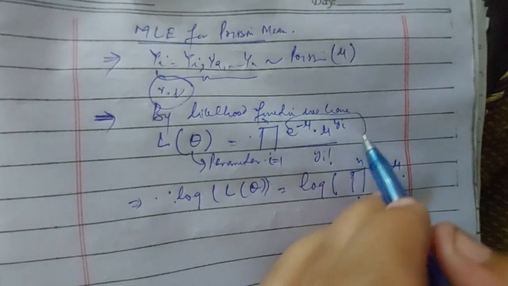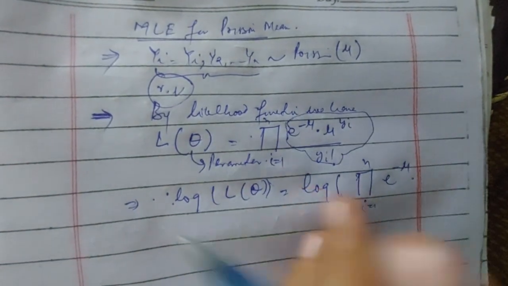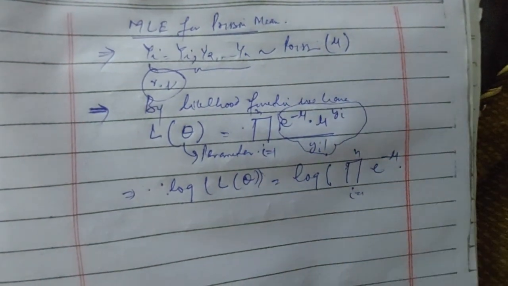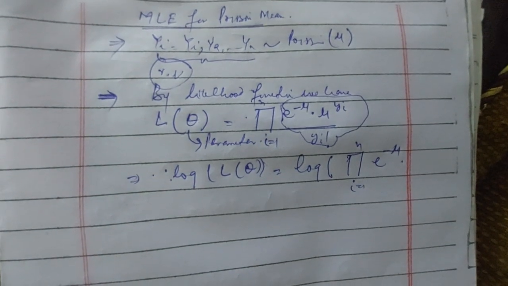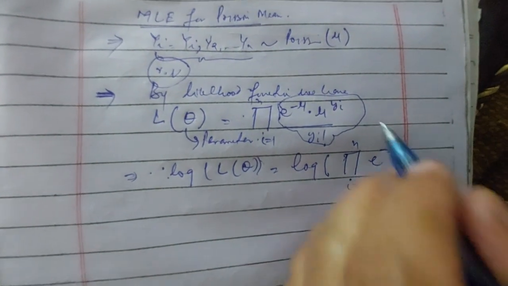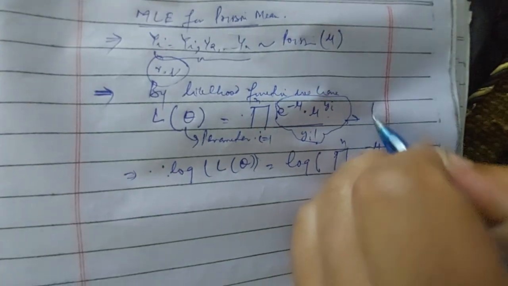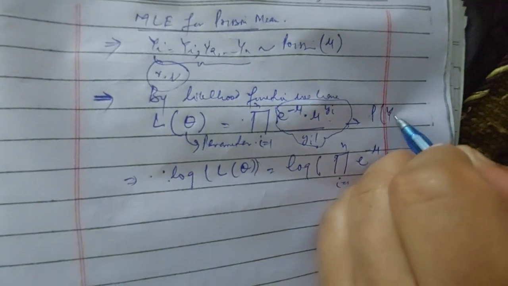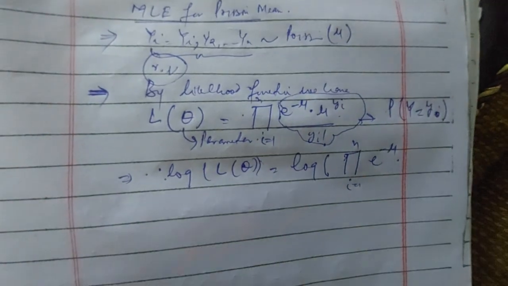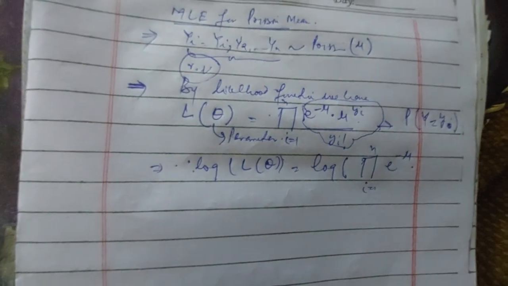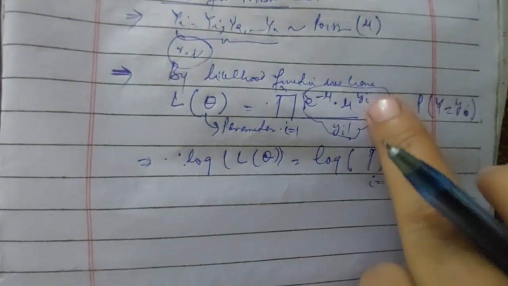This is P, the probability that Y is equal to x or k, or in this particular case, capital Y is equal to small y.